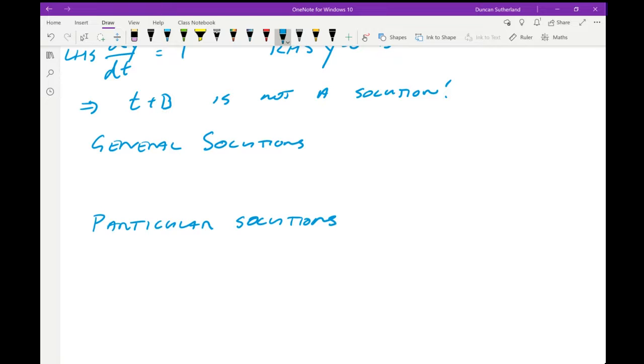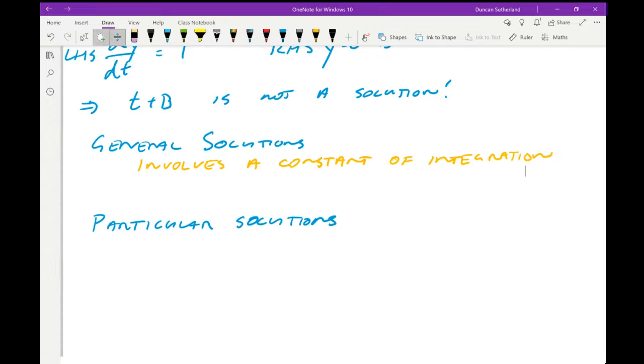A general solution involves a constant of integration.